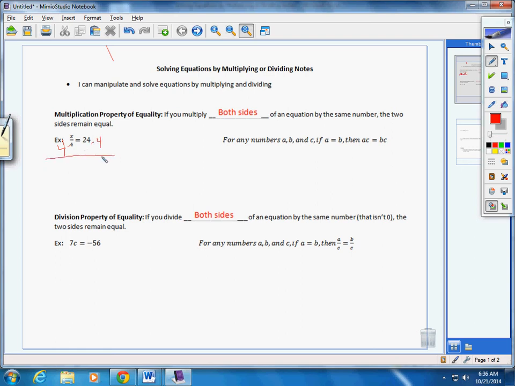Draw my line. So right now you have x divided by 4 times 4, and we better show it all. Okay, so x divided by 4 times 4 equals 24 times 4.